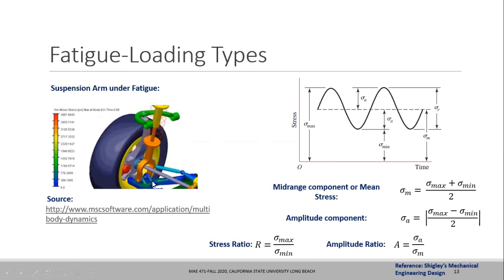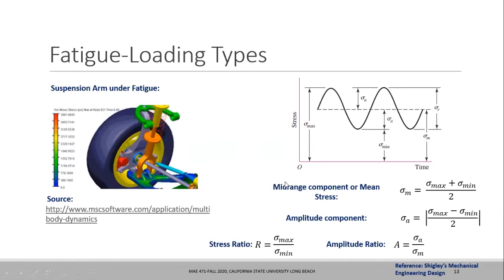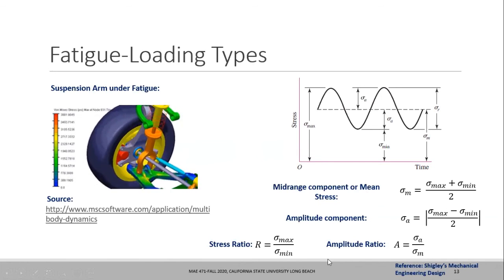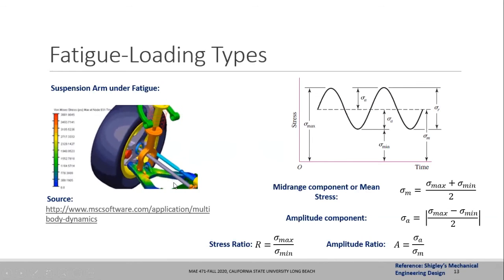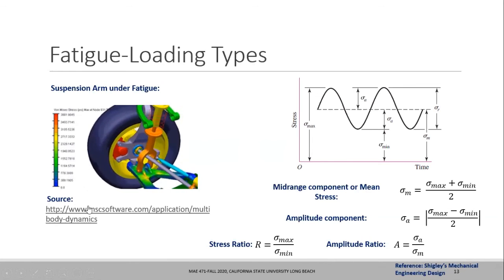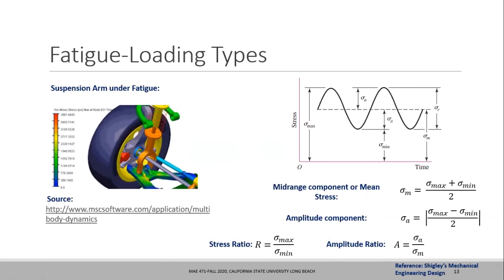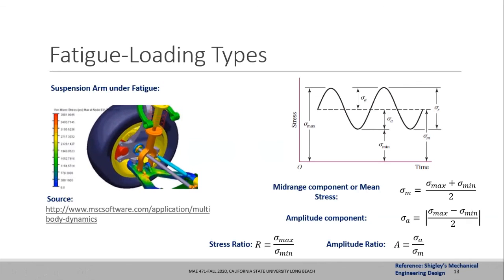Once you have got those values from the simulation, the rest of the calculations can be done by hand, where you can find the mean stress, the amplitude component, and all the other factors or ratios that are required. This is just using finite element simulations, and I took it from a specific source, which is mentioned here. You can go to that website and look at other simulations as well, which will tell you how specific components are analyzed.